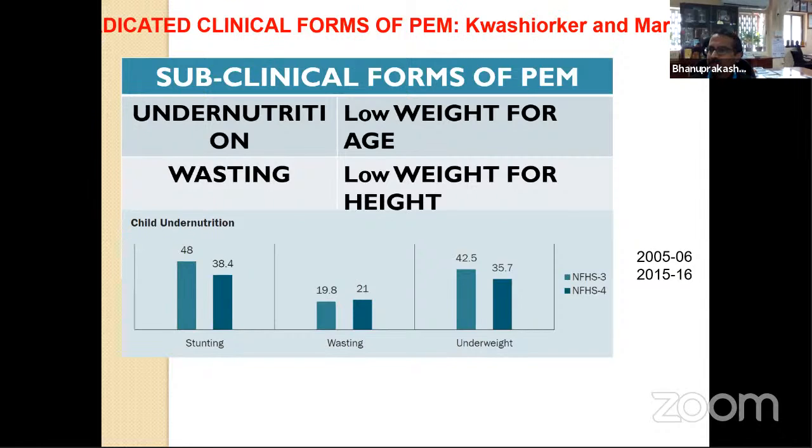Therefore, our body composition should be different from other countries. And of late, many of us and our leaders started this concept: we should have different norms for us. Otherwise, stunting from 48 in 2005-06 to 2015-16, in 10 years, reduced only 10%. That means even in 100 years, we are not going to remove this.